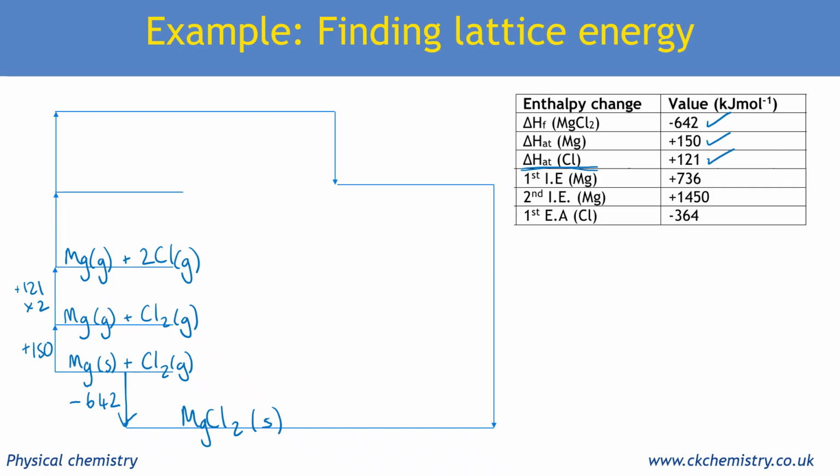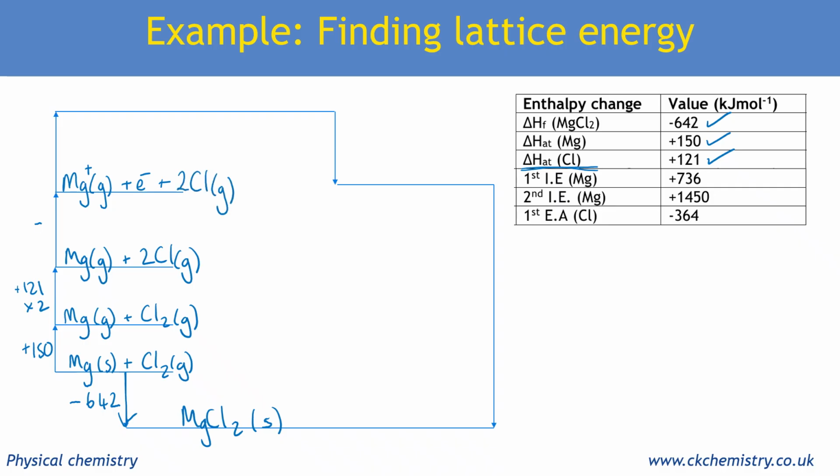Next thing that I need to do is ionize my magnesium. There are 2 enthalpy changes for that because I need to remove 1 electron and then the second. So if I'm showing them individually, it would be Mg plus. Remember, if we had an equation that said write the first ionization energy, you'd go Mg gas goes to Mg plus an electron, and I have 2 Cls because I haven't done anything with those in that step.